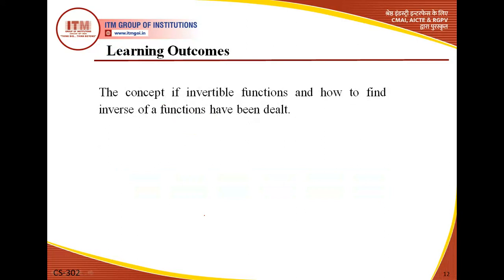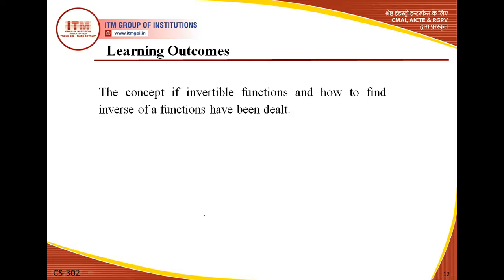In today's video, we have seen the concept of invertible functions and how to find the inverse of a function. The first thing is invertible functions and the second thing is the inverse of a function. For invertible functions, we only have one function into consideration, f(x). We check if it is invertible by checking the one-one and onto criteria.